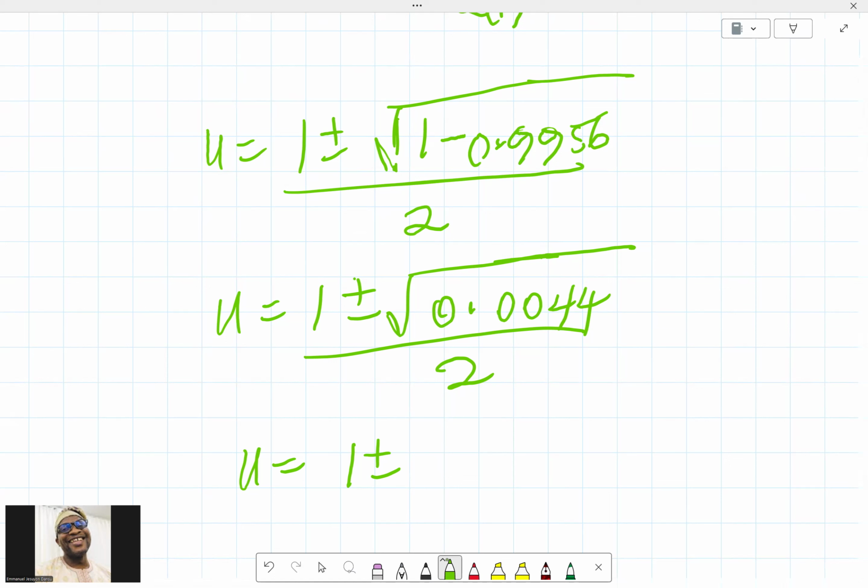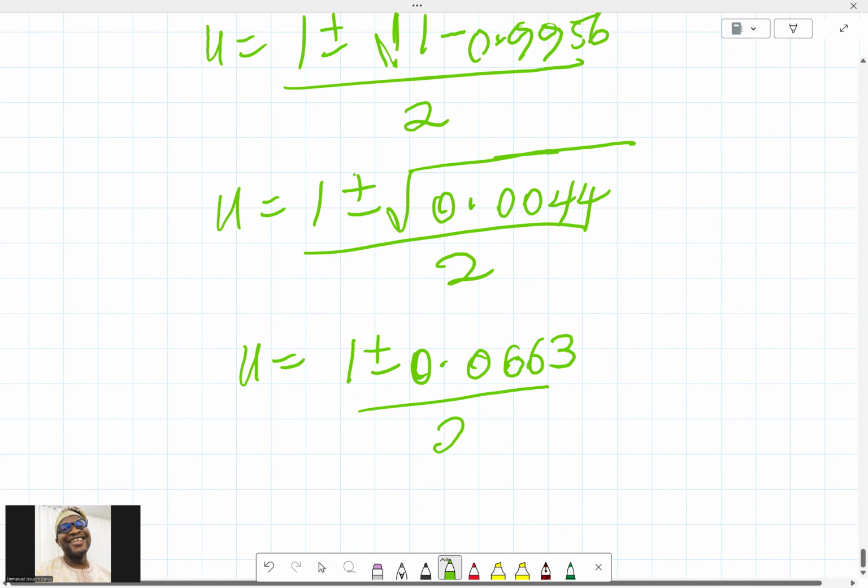Okay, square root. So that is 0.0663 to 4 decimal places, divided by 2.